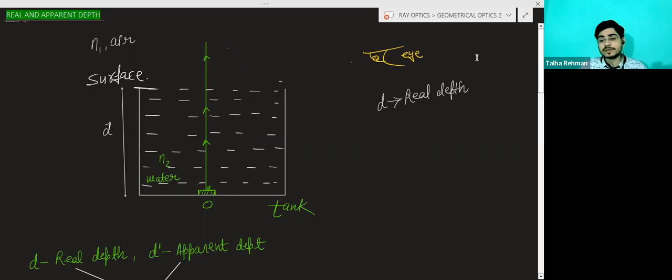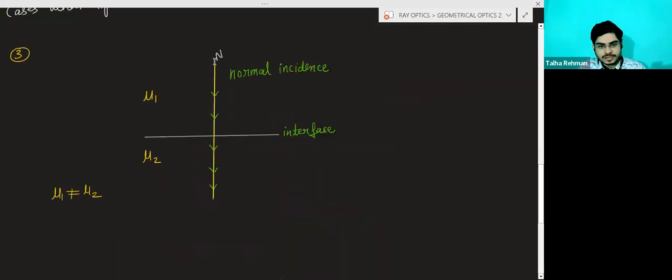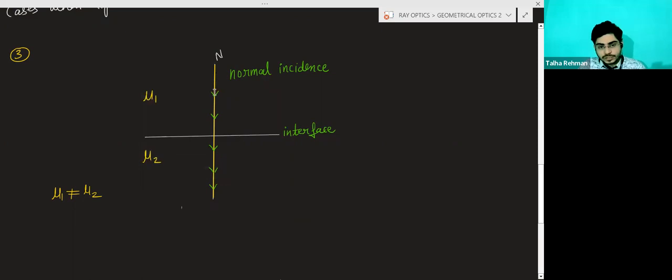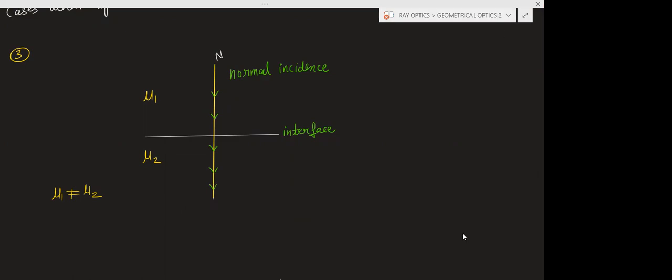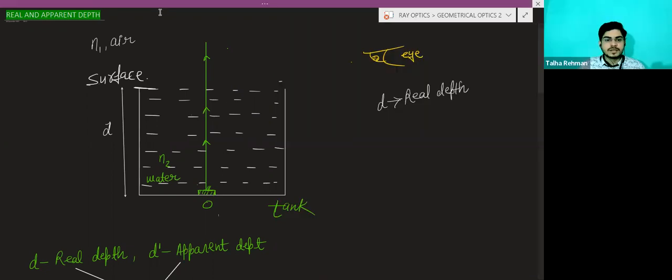Why am I saying this is a normal incidence? Here the medium is changing, but there is no bending of light, because this is a normal incidence. That is why there is no bending here.